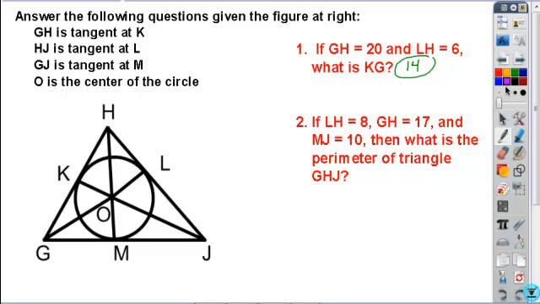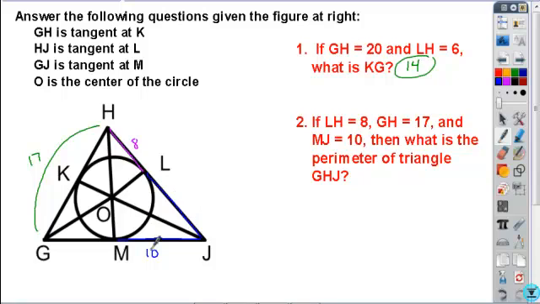Right, if you're looking at the pieces here, LH is given as 8, GH, this whole length here, is given as 17, and MJ, this piece here, is given as 10. So if you use the property that tangent segments that originate from the same external point are equal or congruent, that means that LJ is also going to be 10.